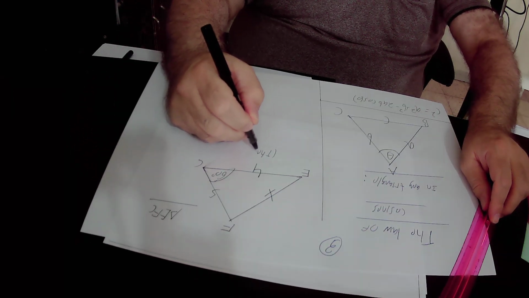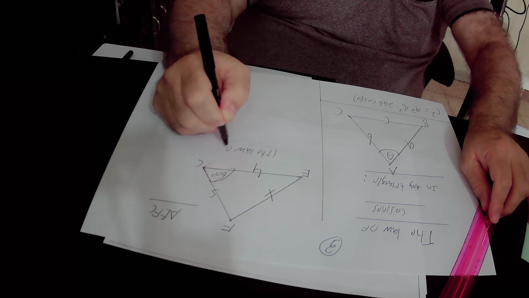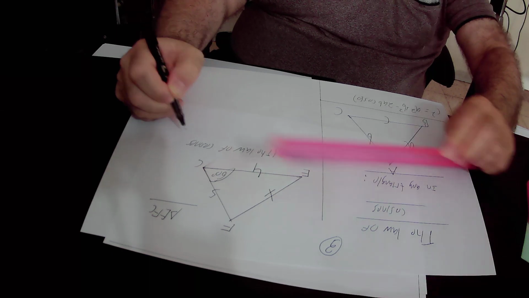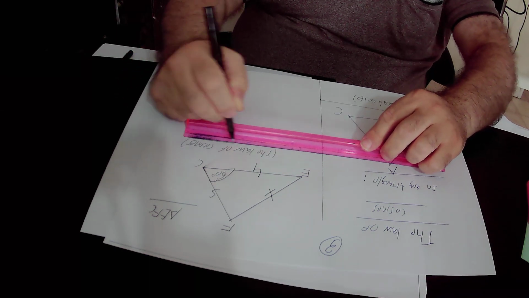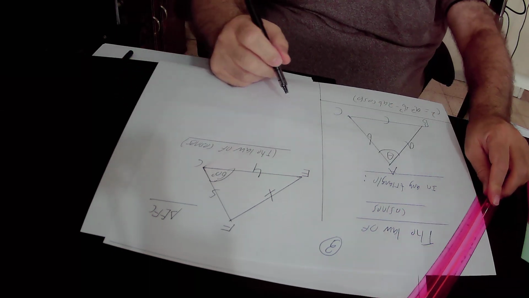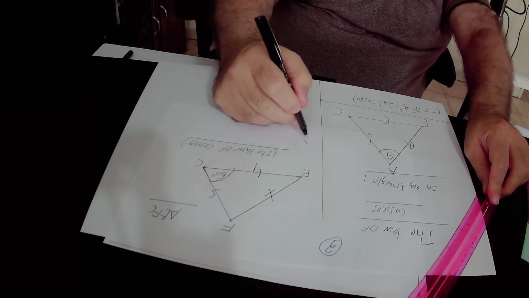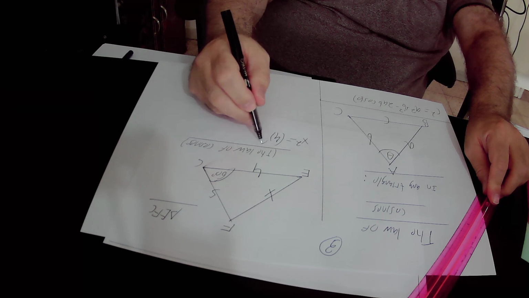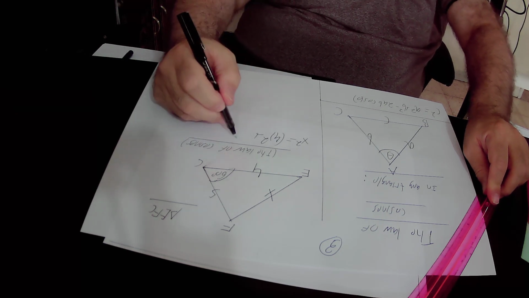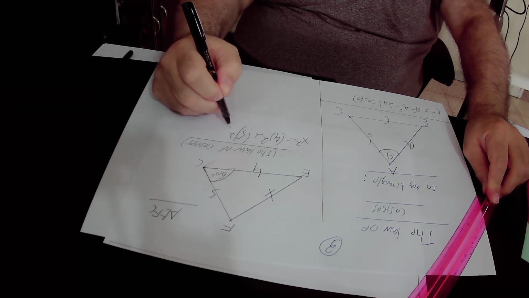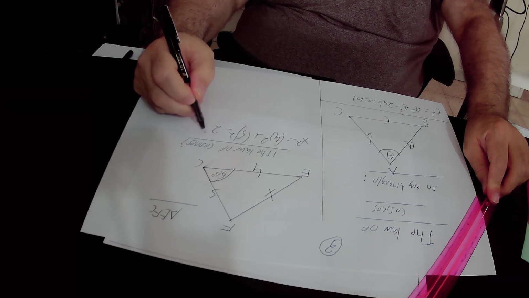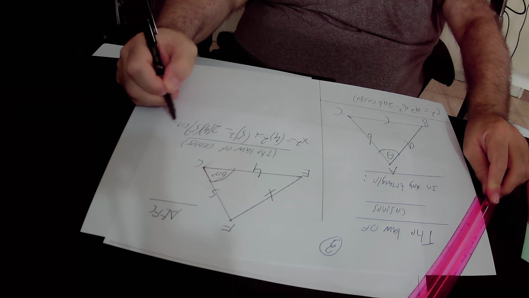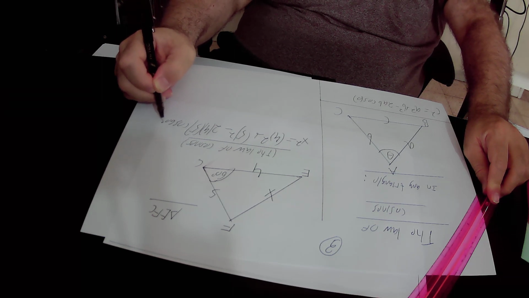So according to the law of cosines, we get that x squared equals 4 squared plus 5 squared minus 2 times 4 times 5 times cosine 60 degrees.